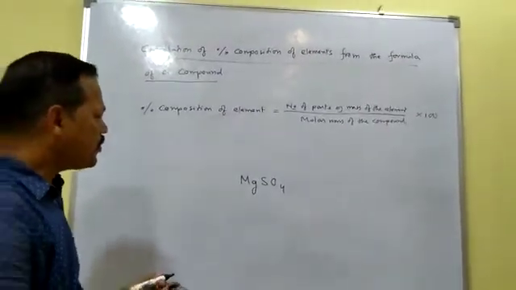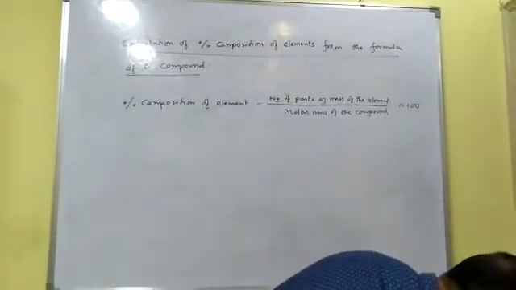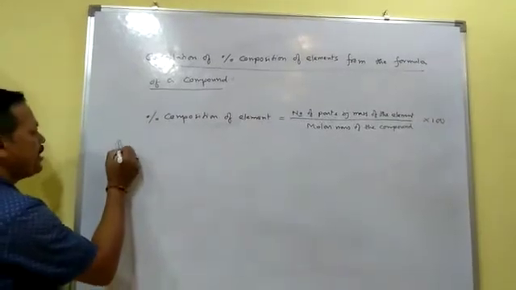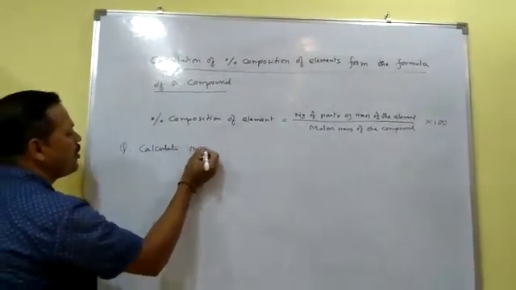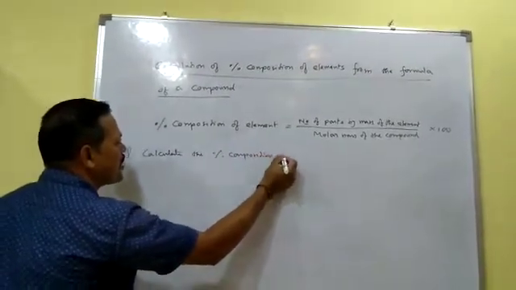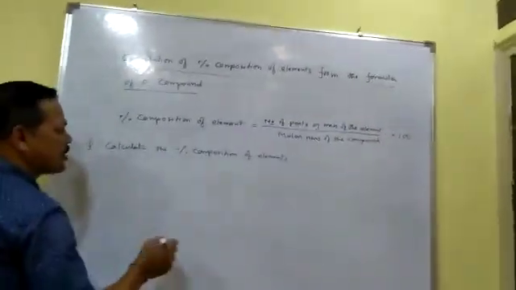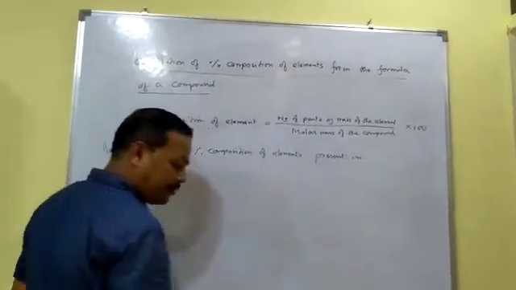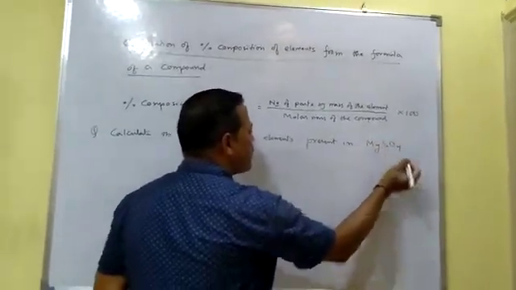Now I will take one example and I will find out the percentage composition. Suppose the question is given like this: calculate the percentage composition of elements present in MgSO4, magnesium sulfate.